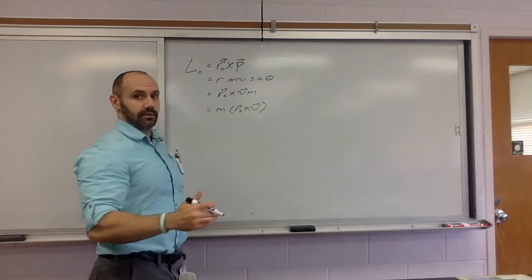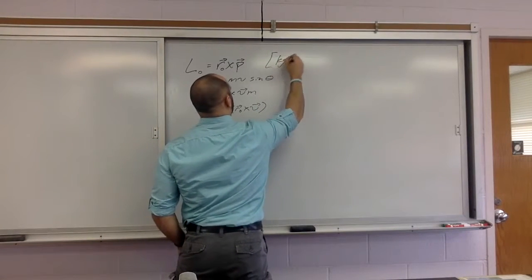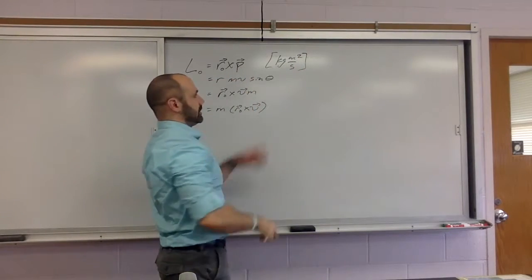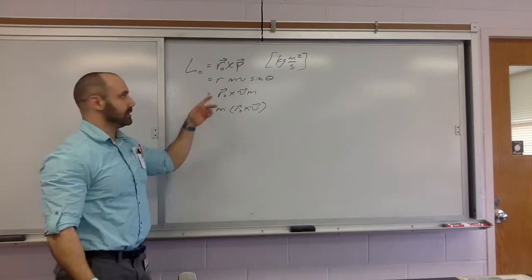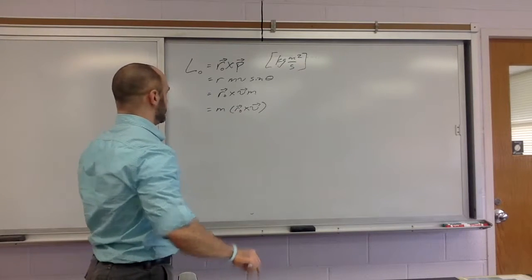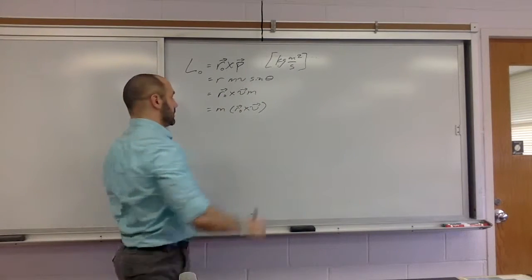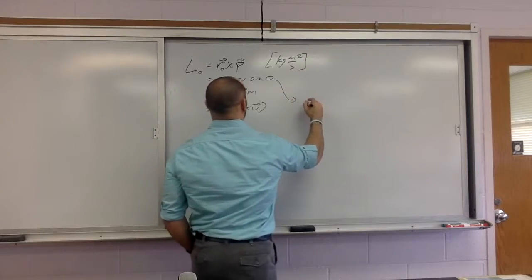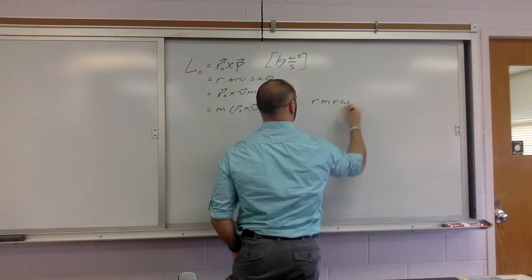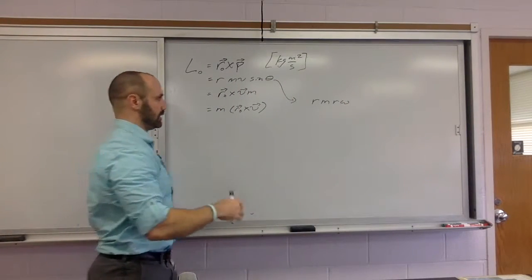As you can see, the units for this are kilograms meters squared per second. Because in momentum, you've got kilograms meters per second, and we're multiplying that by meters there. And then another way of looking at this is R mv sine theta. But V is R omega, right? So R M R omega. And let's say if it's at 90 degrees, then sine of theta is 1.